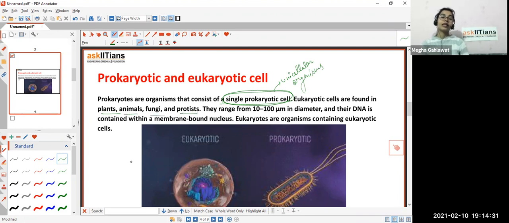Listen, in the ninth standard, you'll be learning about the five kingdoms in the entire living world: Monera, Protista, Fungi, Plantae, Animalia. Monera is called the prokaryotic kingdom because it has all the prokaryotic organisms arranged in it. Then we have the Protista. Protista is the only kingdom which has unicellular eukaryotic organisms.